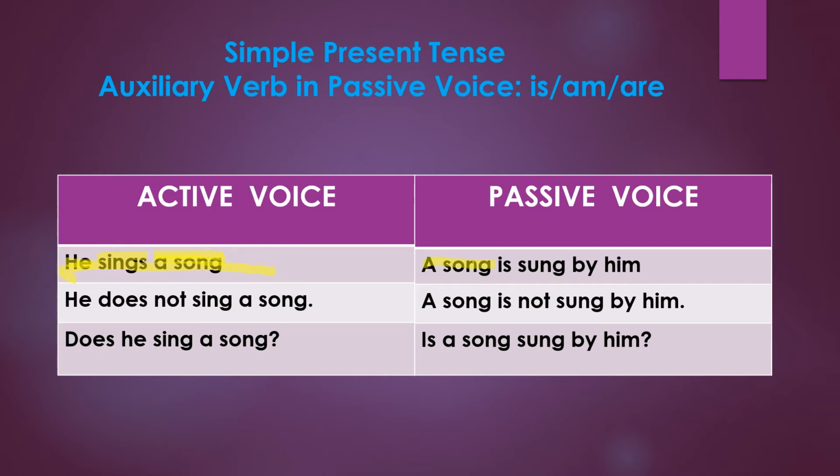So here, a song, then the auxiliary verb is, because a song is singular, we will use is. Then the third form of verb, that is the participle form, sung, by. Okay, by is the structure which we need to use, and then he, that is the subject of active voice, takes the place of object in passive voice, and as per the pronoun table which we had studied, he becomes him.